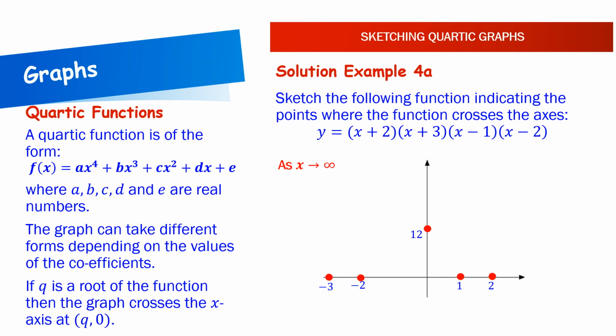Also, as x tends to infinity, all the different parts tend to infinity, and therefore when we multiply them together, we have f of x tending to infinity also.